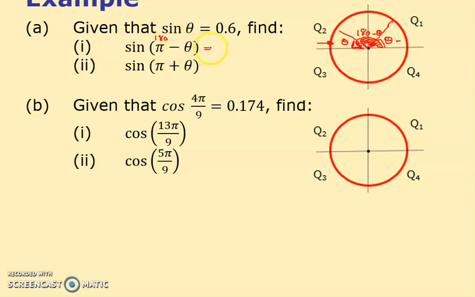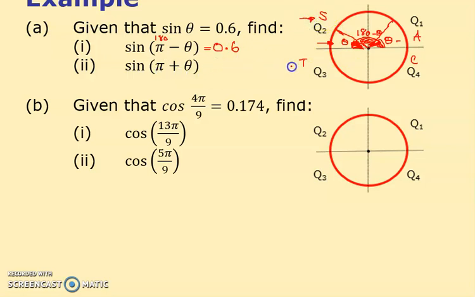So what I'm going to get you to do is just use a CAST diagram. We know that in the CAST diagram the sine will be positive here. So because this angle here is theta and this angle here was theta, then I think this is also 0.6, because the CAST diagram says it's positive in that quadrant.